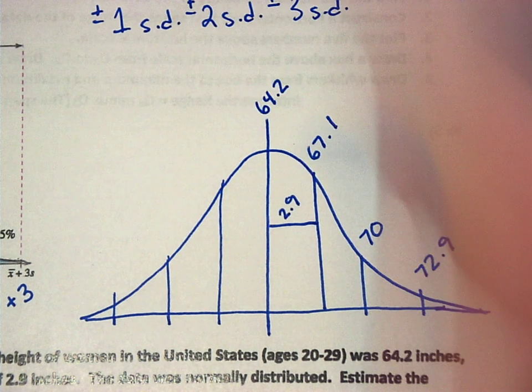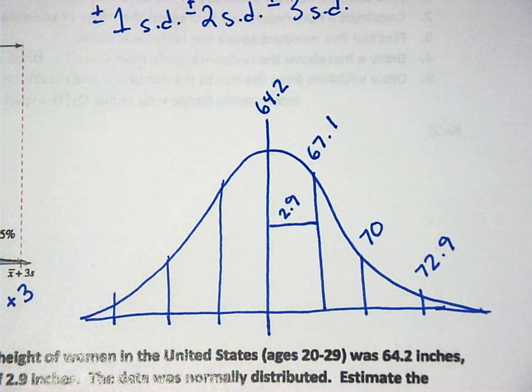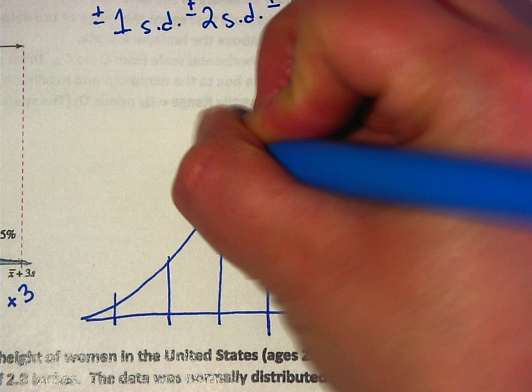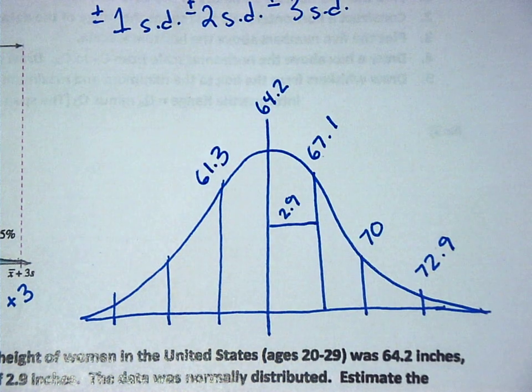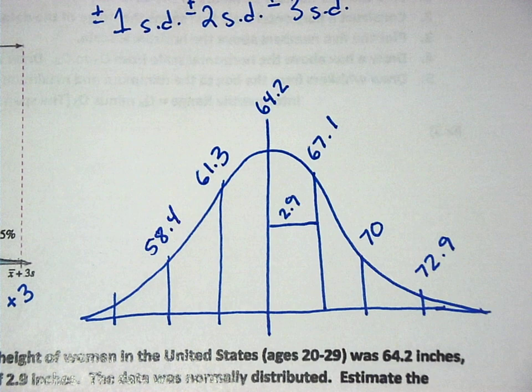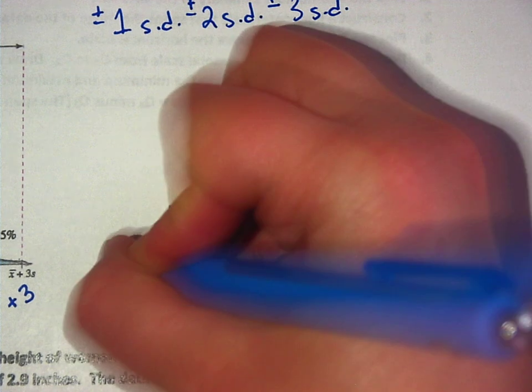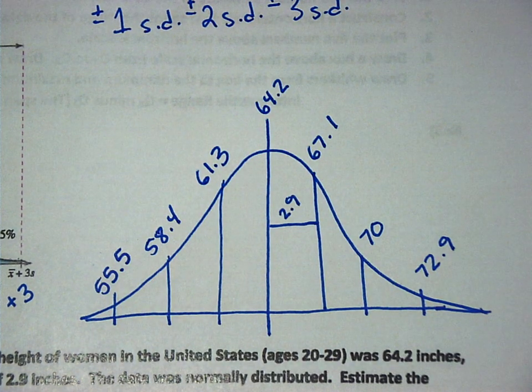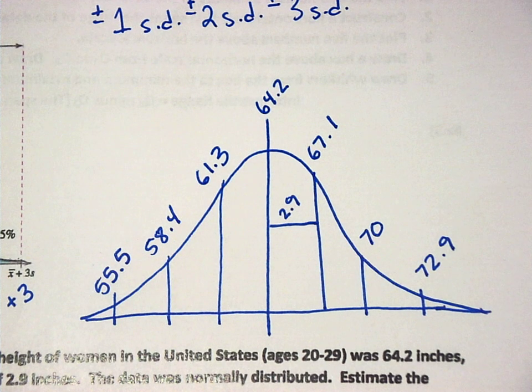And then on the other side, we're going to subtract 2.9 every time. So what is that? 48, 4 foot, 7.5.